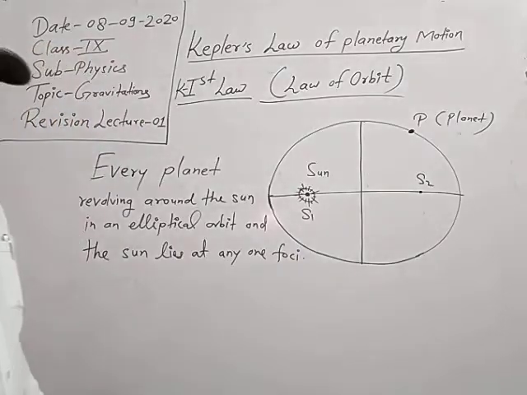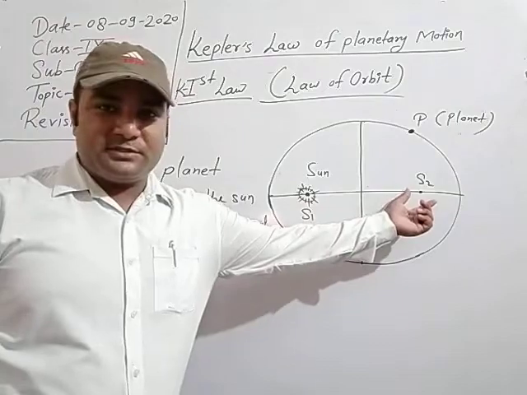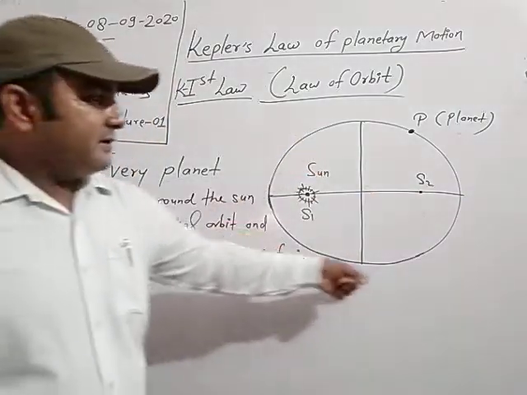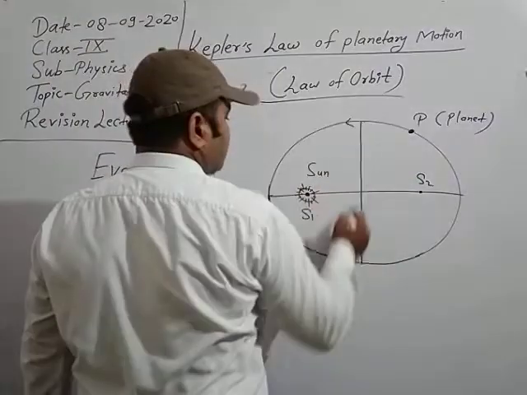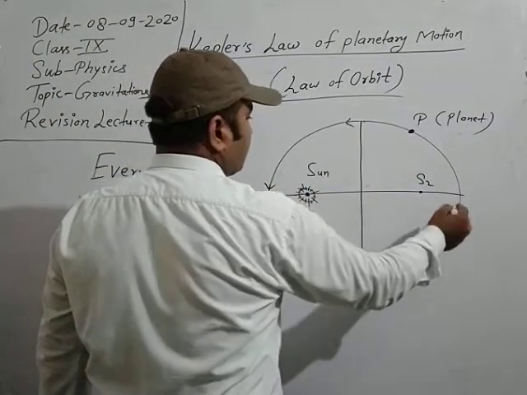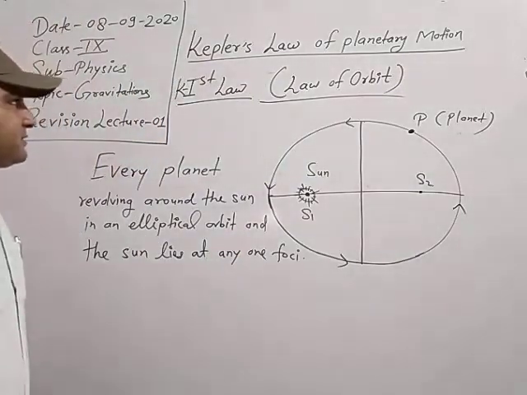Clear? It means the sun may lie at this position or at this position, but the planet revolves in an elliptical orbit. This is a very simple concept of Kepler's first law.